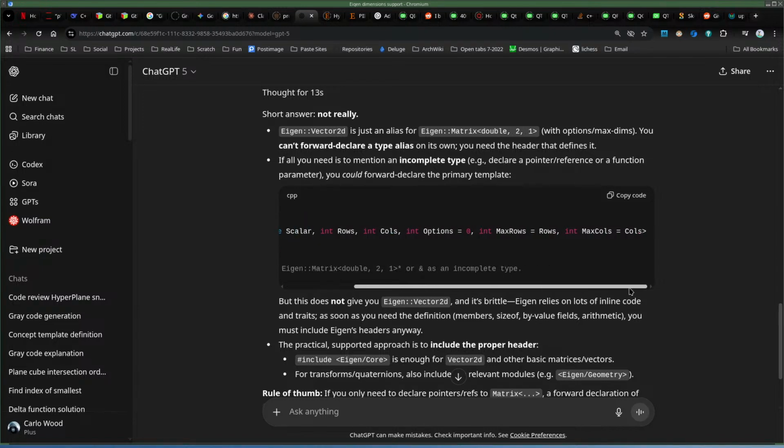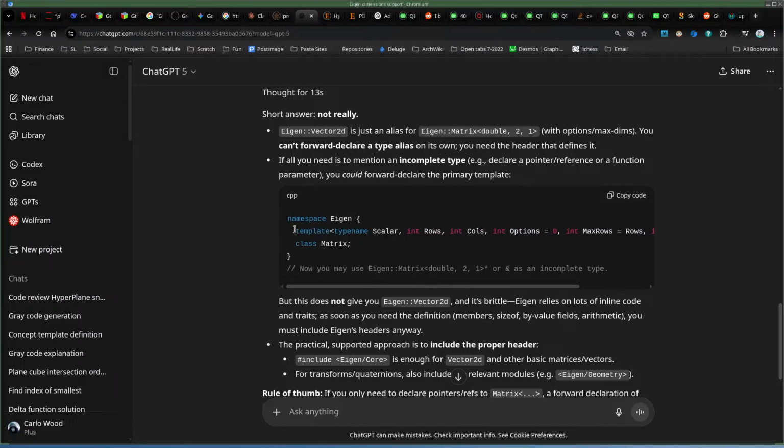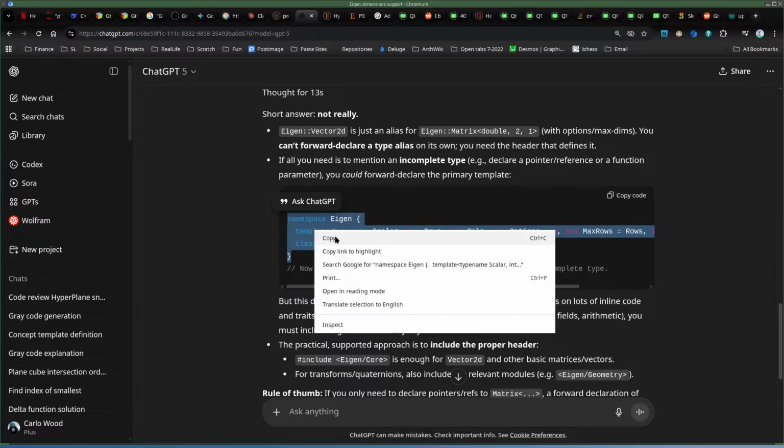Yeah, then you're using internal guts, I would almost say, even though it's just a forward declaration. Like all the default template stuff. Yeah, maybe not. Shall I try this? I'm going to try this.